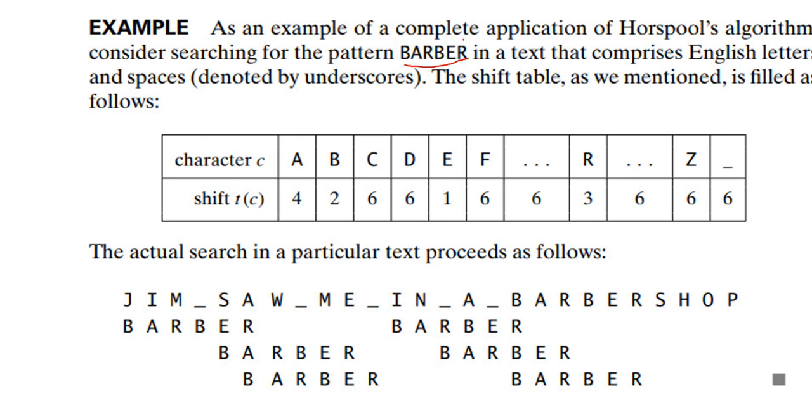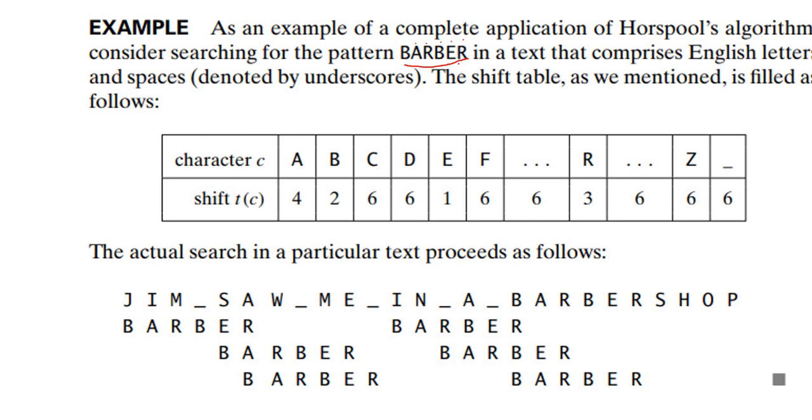This is the last character, and from this last character, this is the first character, 1, 2, 3 and 4. So my A is 4 positions away from my R. You say 1, 2, 3, 4. So I'll just mark it as 4.